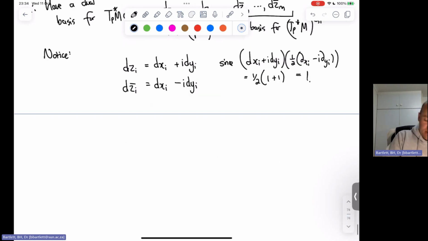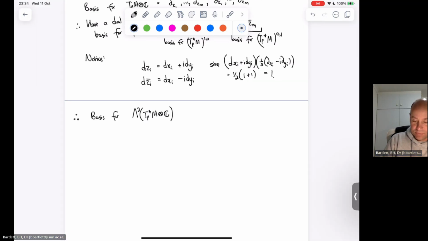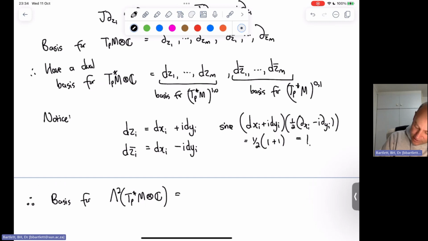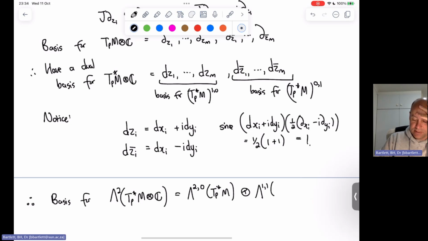Okay, so that means, for example, what is a basis for the second exterior power of the complexified cotangent space? Well, this, we agreed, can be written as a direct sum of 3 subspaces: the 2,0 subspace, with the 1,1 subspace, with the 0,2 subspace.